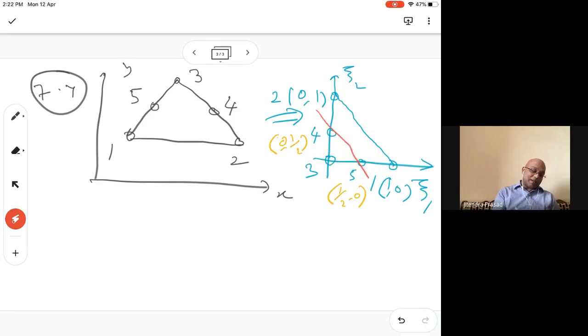Here what it says is that if you go from 1 to 2, it has to be linear, meaning that if you go from here to here, it should be linear, and it should be quadratic if you go from this side to this side, making quadratic very easy, right?